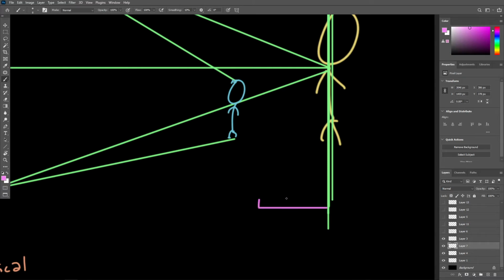So from this understanding of focus, it's fairly intuitive to understand focus as actually a range that extends both in front of the focal plane as well as behind it.